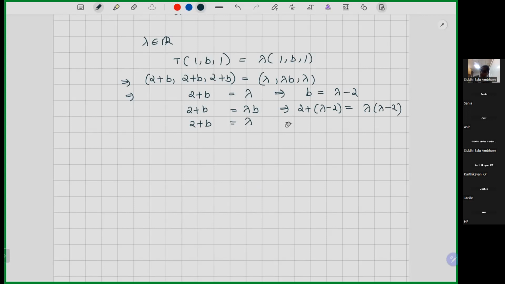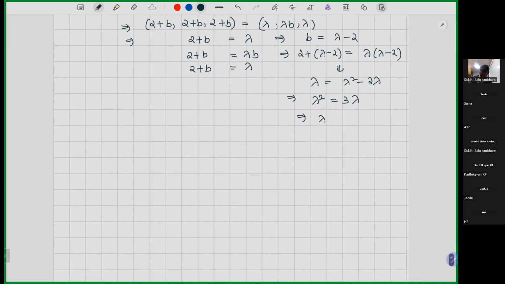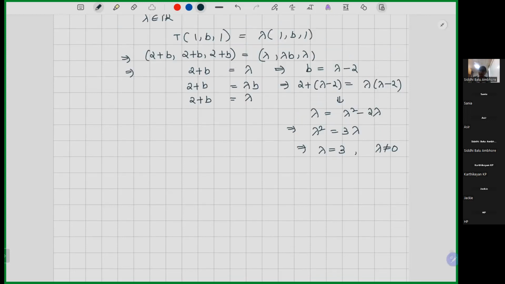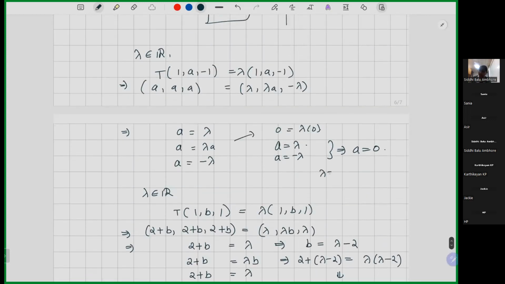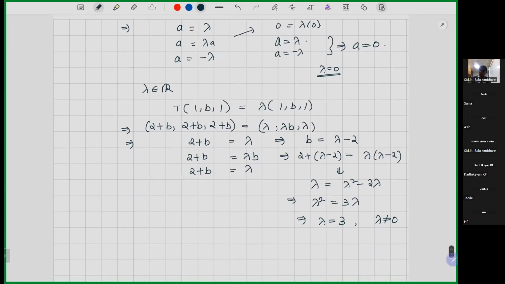So this will give me, just your calculation, lambda is equal to lambda square minus 2 lambda, and this is lambda square is equal to 3 lambda, and from here I can take lambda is equal to 3. I can just cancel lambda, assuming that lambda is non-zero, because from here I anyway got that lambda is 0. So this is largest.